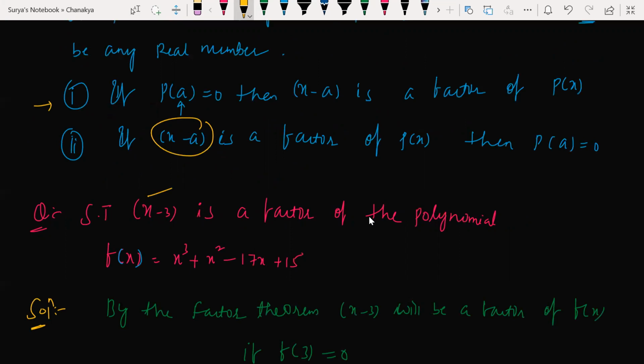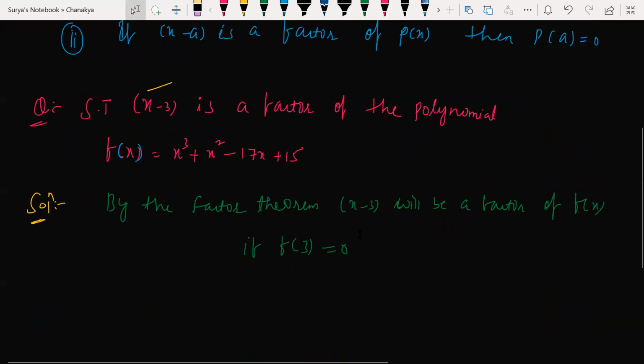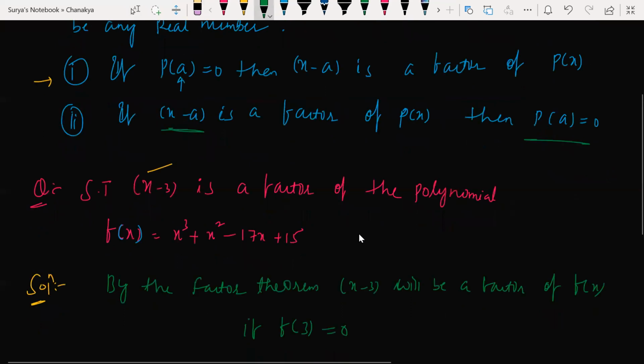Then how do we show? If at all I show p of 3 is equal to 0 or f of 3 is equal to 0, then I could say that yes, x minus 3 is a factor of the given polynomial or not? Yes, absolutely. But he has given a factor. Then you have to show this. If at all he gives you this, then this would be a factor. If x minus a would be a factor. Correct? Hope you are getting my point.